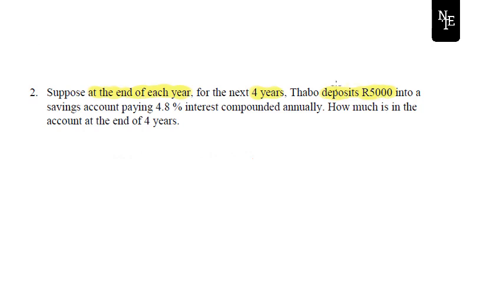Okay. So now when you have an amount which remains constant, and you deposit that over regular time periods, then we call that an annuity. And in this case, we are asked to calculate how much we're going to have at the end of the 4 years.